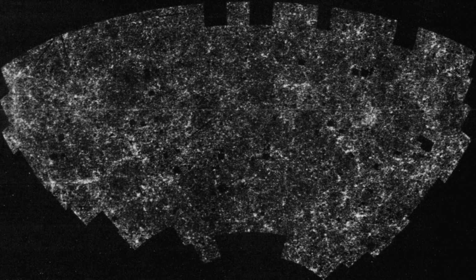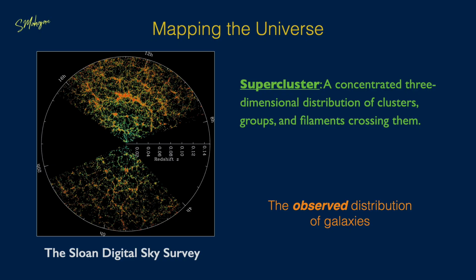As you can see, the galaxies are not randomly distributed across the sky. The small bright regions in this image are clusters of galaxies and the longer filamentary structures represent the superclusters. A supercluster is a three-dimensional distribution of galaxy groups, clusters, and filaments. It is believed that there are around 10 million superclusters in the observable universe.